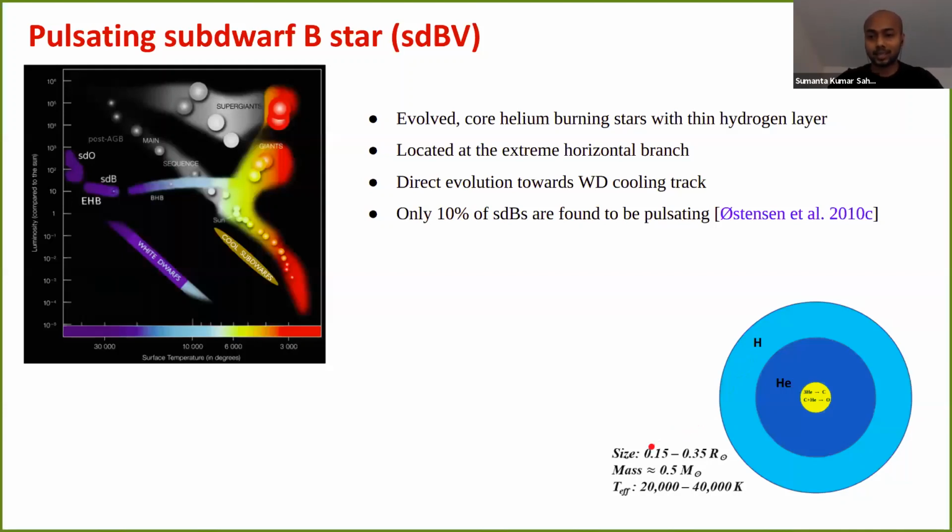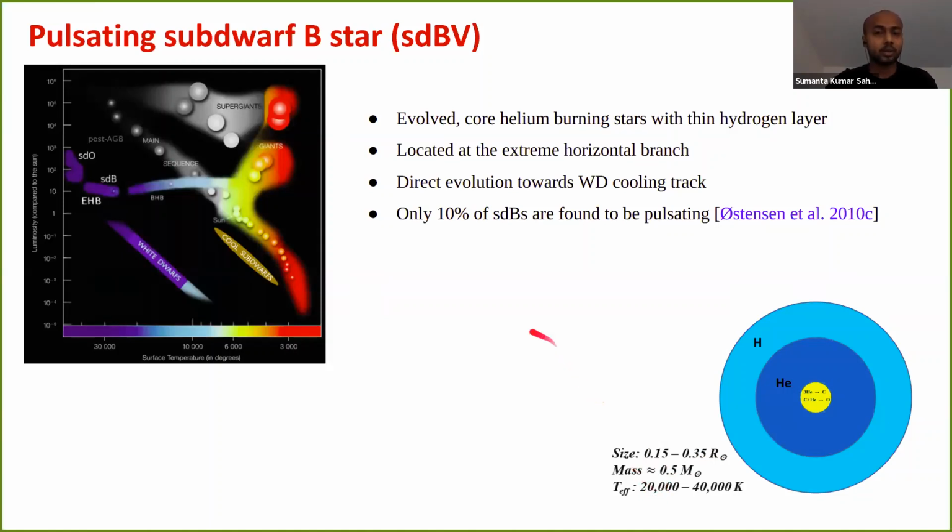Talking about the size, the size is around 0.15 to 0.35 solar radius with a mass of nearly half of the solar mass. And these are hot stars with the temperature ranging from 20,000 to 40,000.